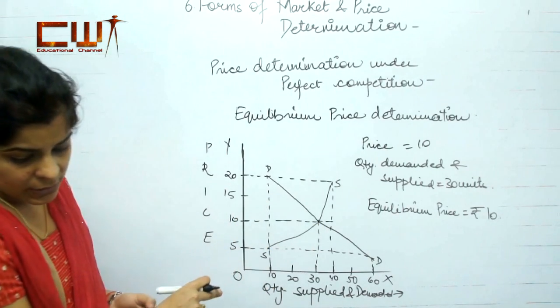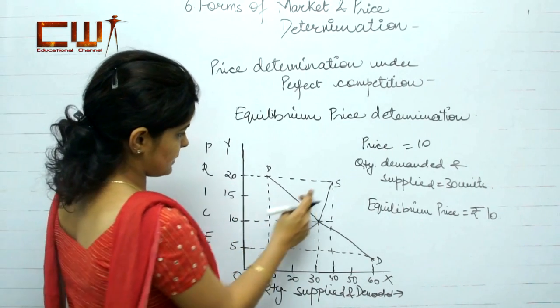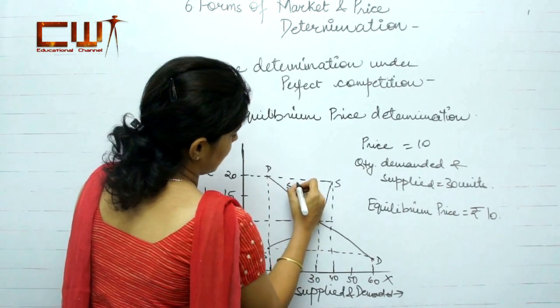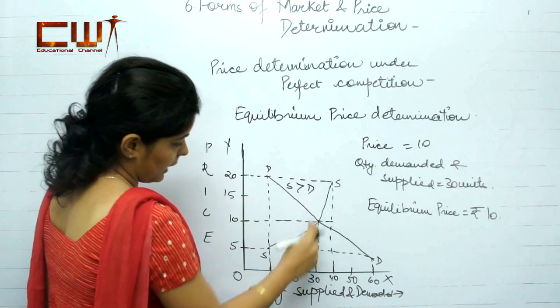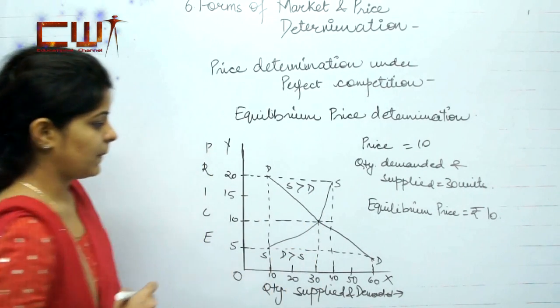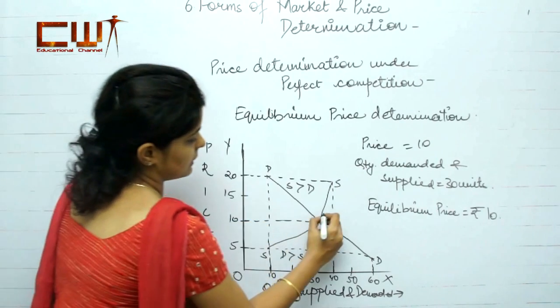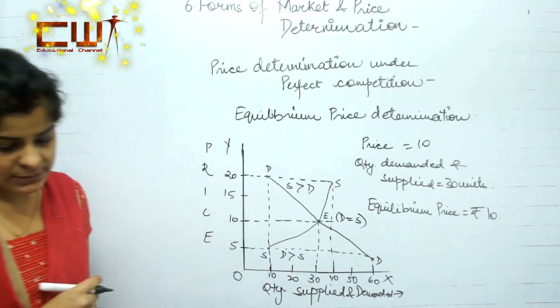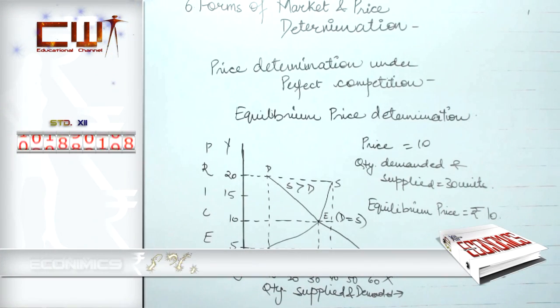At this stage supply is exceeding: demand is going down, supply is exceeding, so here supply is more than the demand. In this stage, demand is more than the supply. And at this stage, it is equilibrium, meaning demand is equal to supply. So this is the equilibrium price determination.